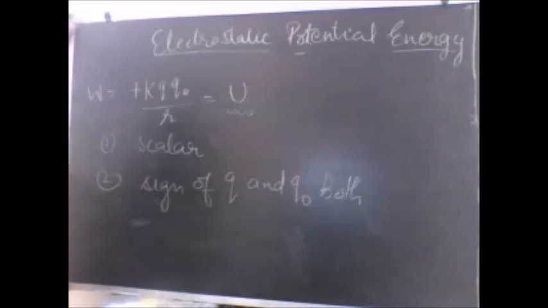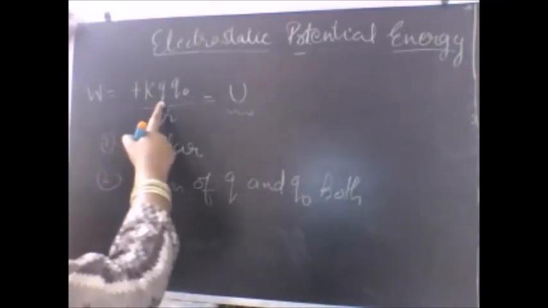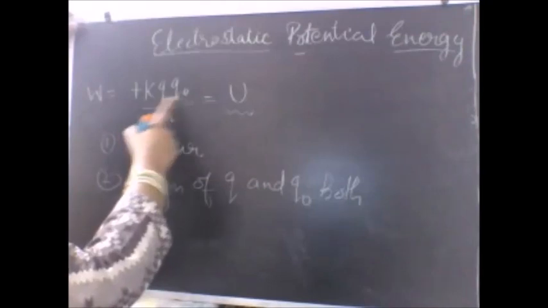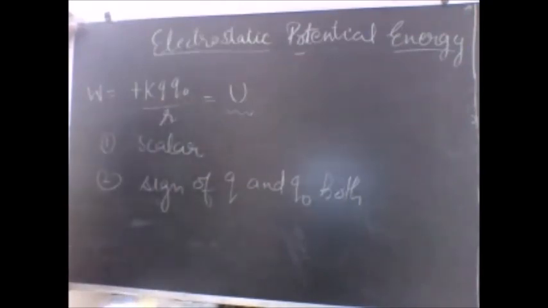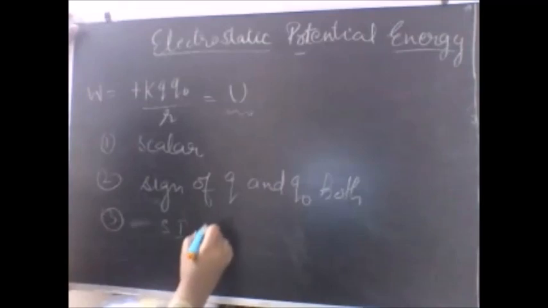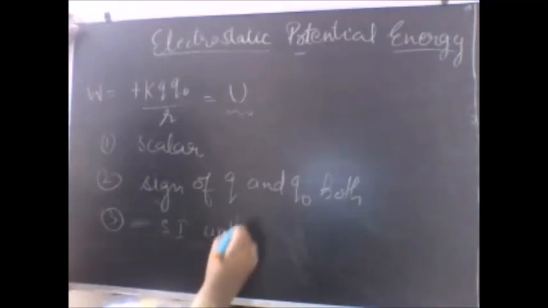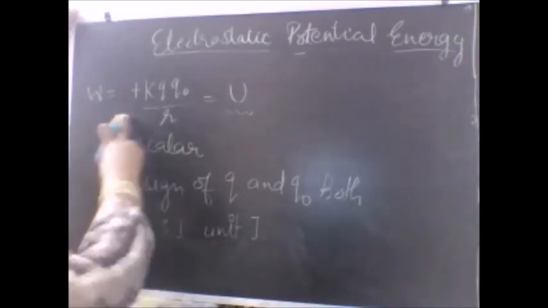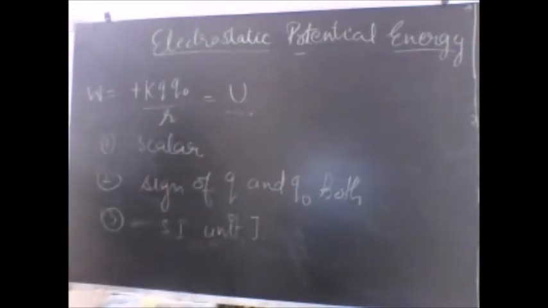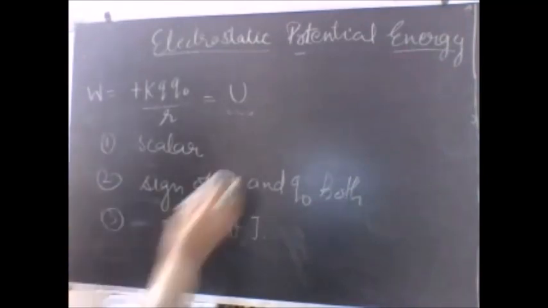So when we are calculating the potential energy or the work done, I must put the values along with their signs here, Q and Q naught. And of course the SI unit is simple, that you have studied. The SI unit is joule. Simple.